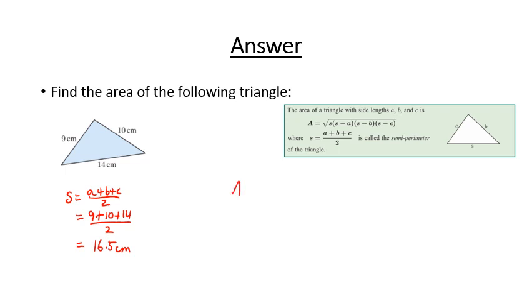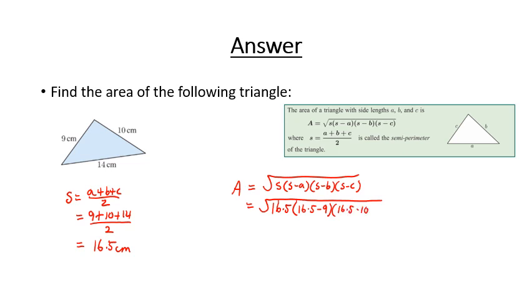We're then going to substitute that value into our formula, which is s take a, s take b, s take c. So this is going to be the square root of 16.5 bracket 16.5 take away 9, 16.5 take away 10, and 16.5 take away 14.